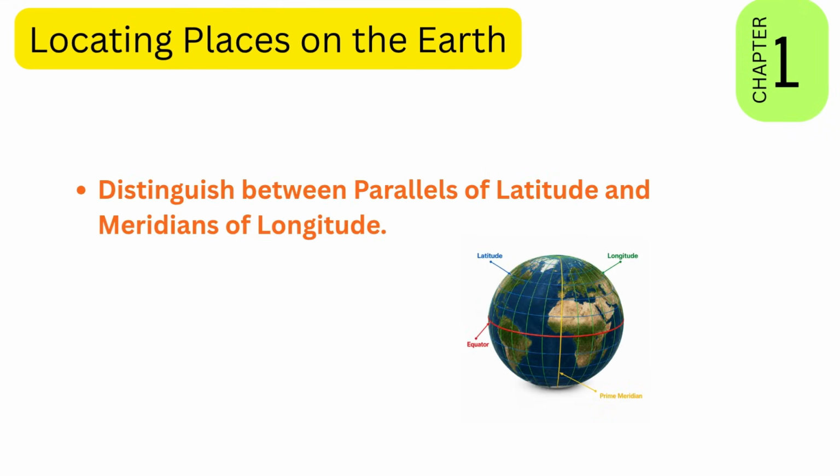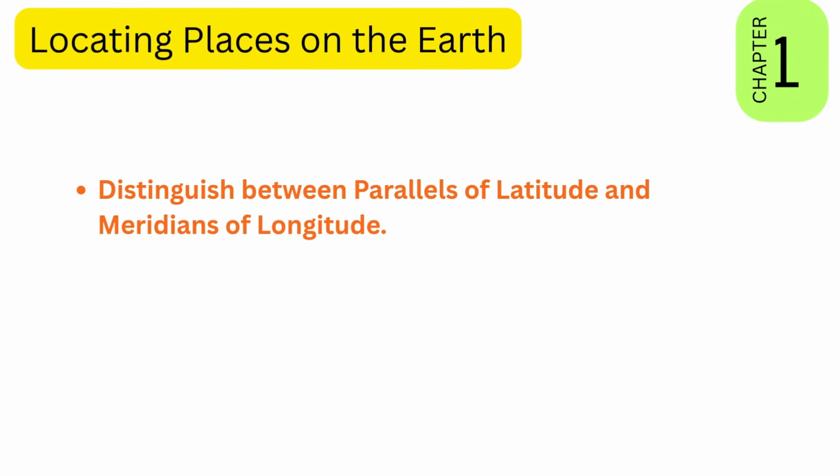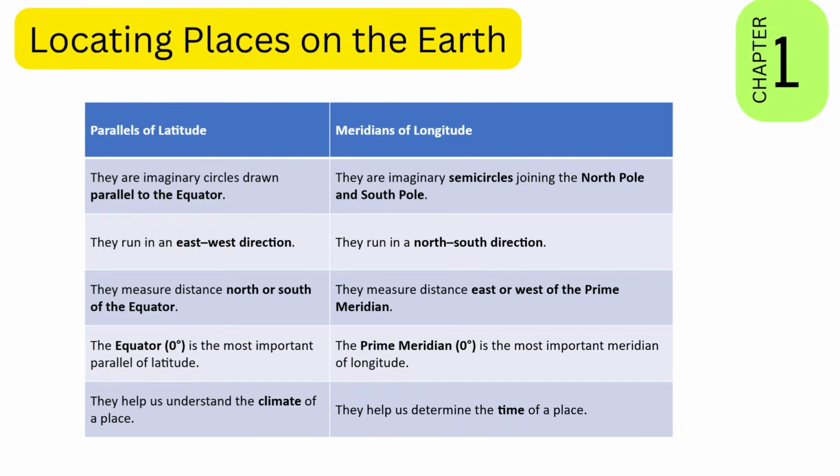Next question is, distinguish between parallels of latitudes and meridians of longitudes. So student, we can present our answer in a table form. Parallels of latitudes are imaginary circles drawn parallel to the equator.